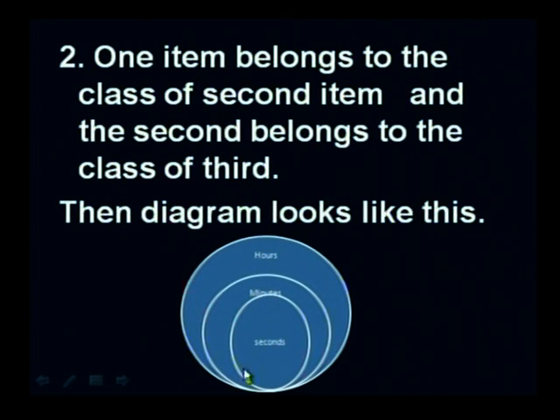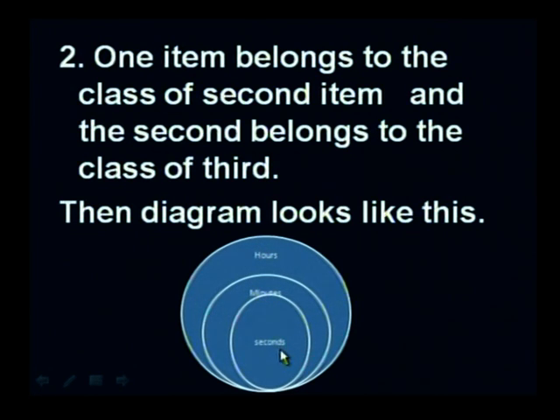So, the diagram is like this: you have an hours Venn diagram, inside the hours you have minutes, completely a subset of it, and inside the minutes you have seconds, which is again a subset of the superset. So, one item belongs to the class of the second item.